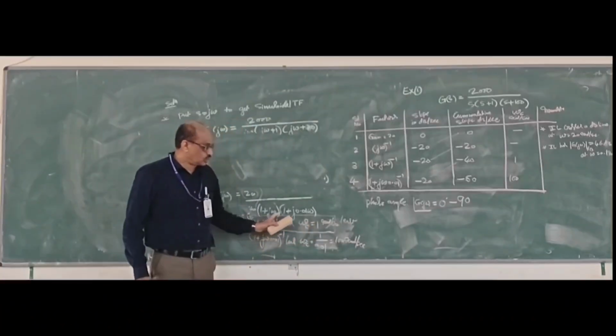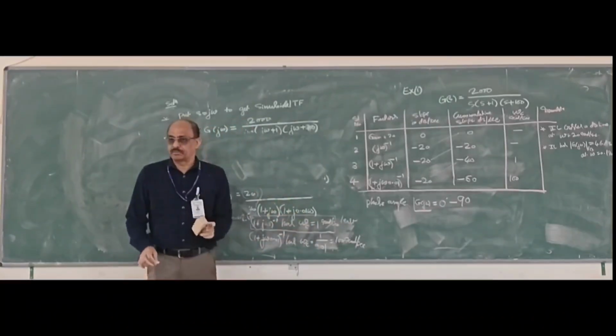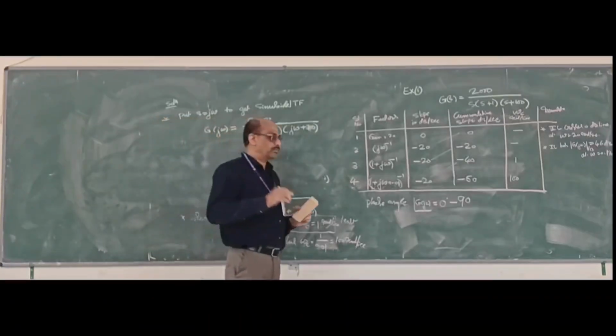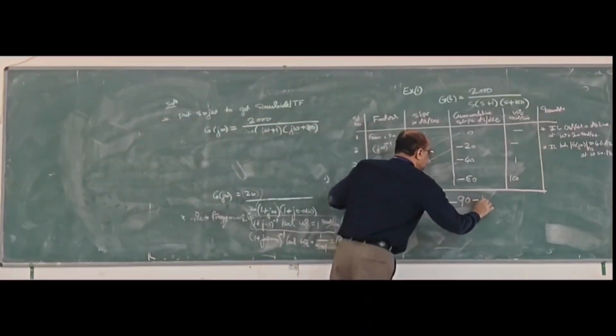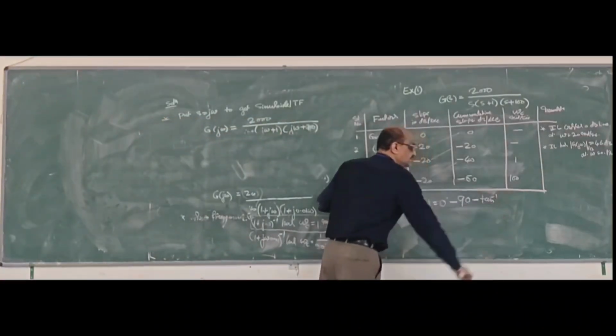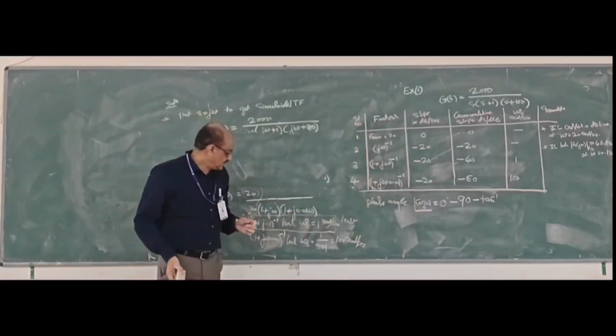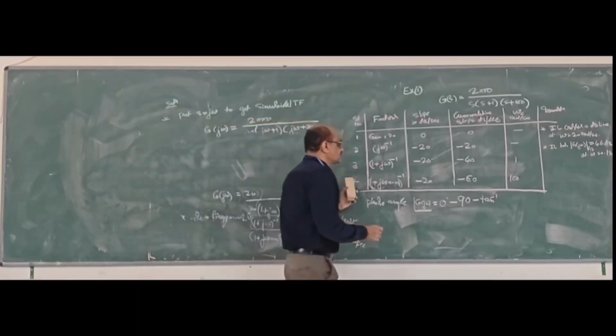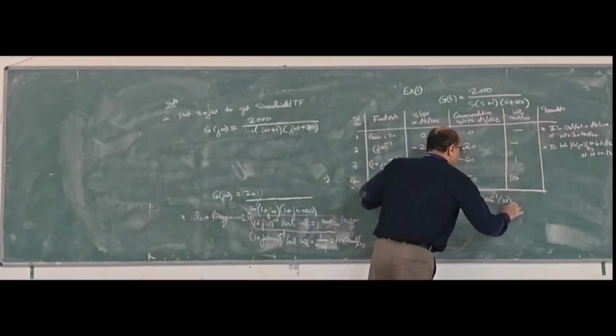Then I have 2 simple poles, or first-order poles. They also contribute minus tan inverse of imaginary part by real part, which is omega. Minus tan inverse omega.